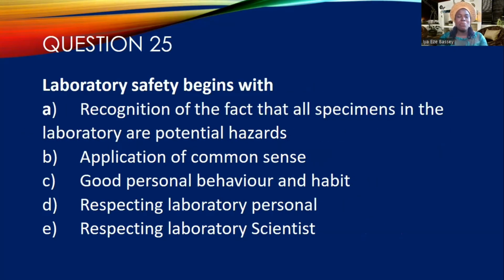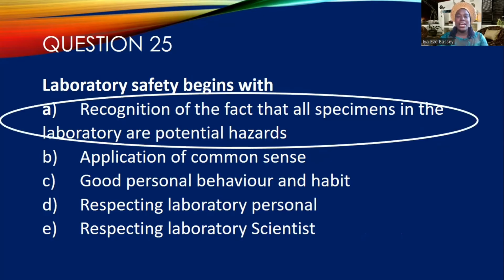Laboratory safety begins with A, recognition of the fact that all specimens in the laboratory are potential hazards. B, application of common sense. C, good personal behavior and habits. D, respecting laboratory personnel. E, respecting laboratory scientists.